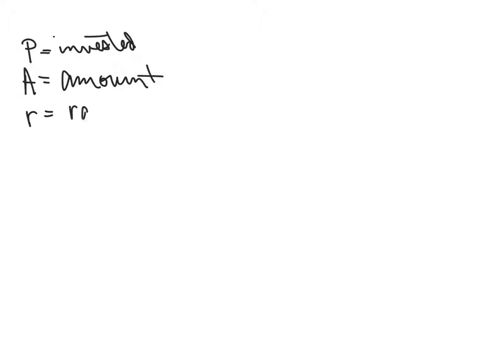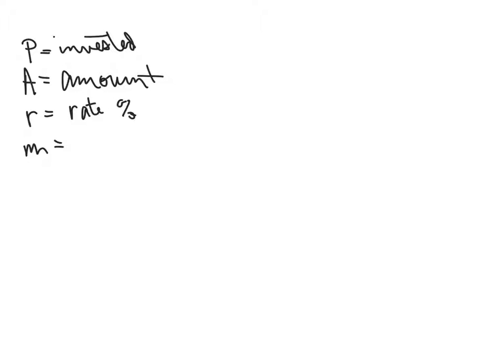Then there is the rate, which is going to be in a percent. That's basically your interest. And your M then is how many times you were paid a year.